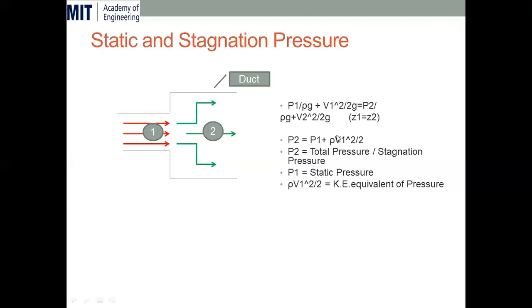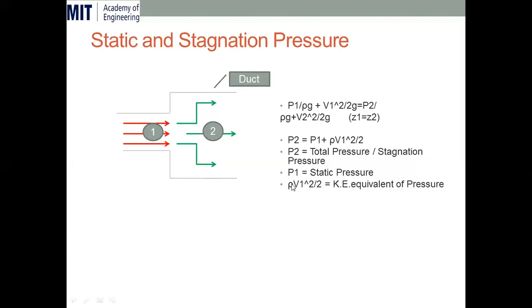We can divide by g on both sides. Then it is P1 by rho plus V1 square by 2 is equal to P2 by rho plus V2 square by 2. Okay. And by just rearranging the equation, we get P2 is equal to P1 plus rho V1 square by 2, where this P2 is called the total head pressure, or total pressure, or stagnation pressure.